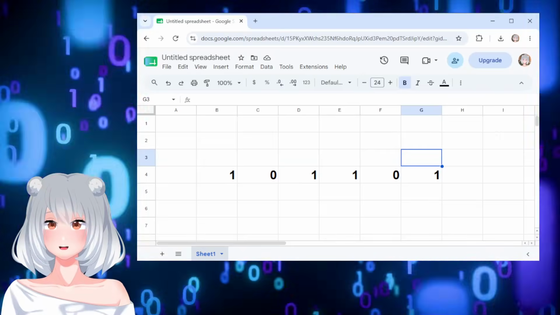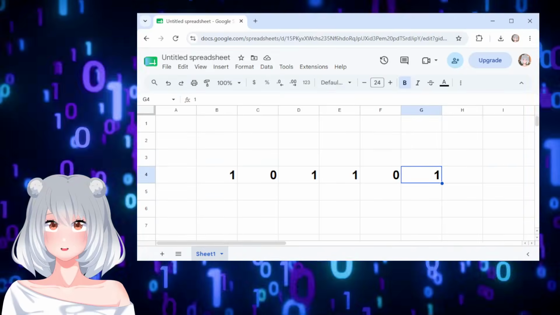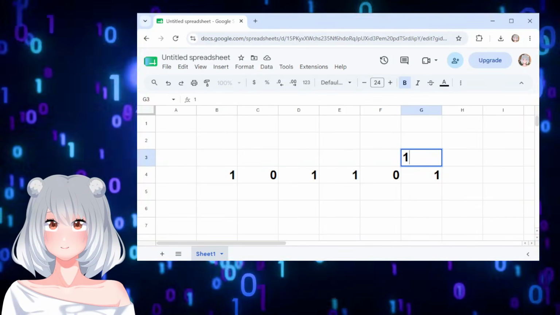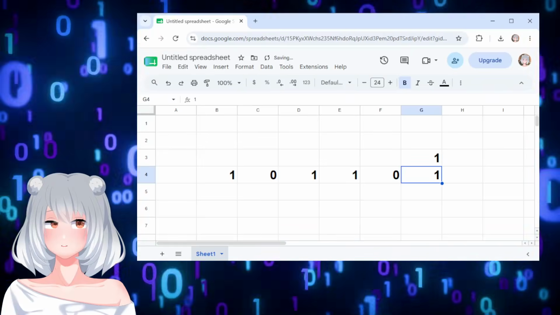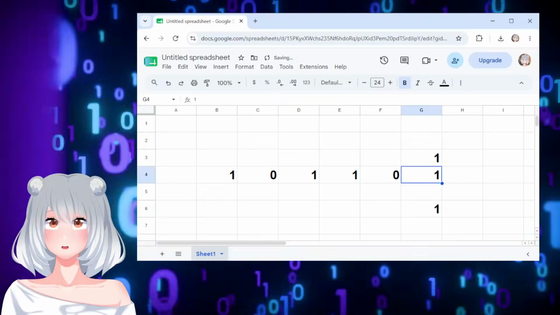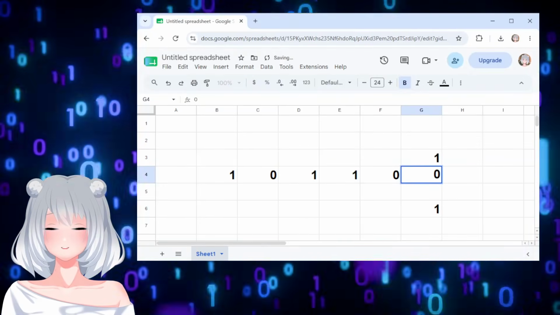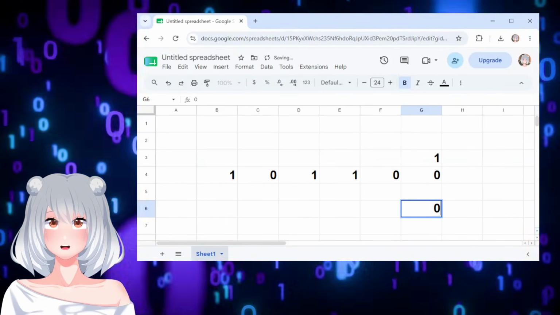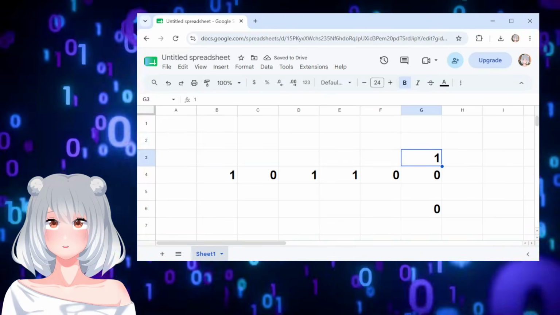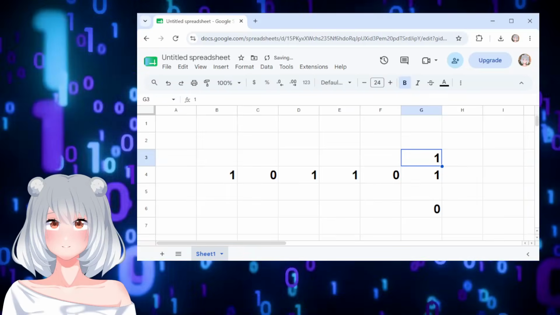Starting on the right-hand side, the rightmost number is always representative of a number 1. So if your rightmost number in binary is a 1, that means that you have a 1 in that category. If that number was a 0, it means you do not have anything. You have a 0. So anyway, let's change it back to this.